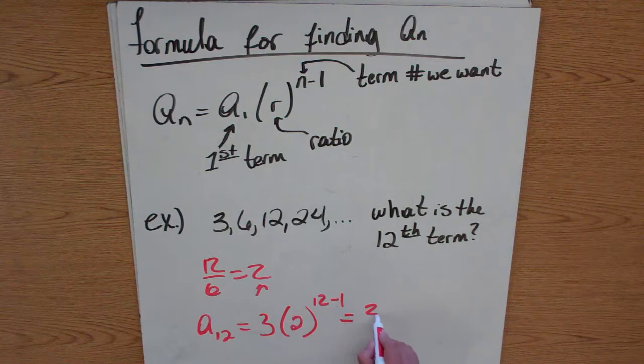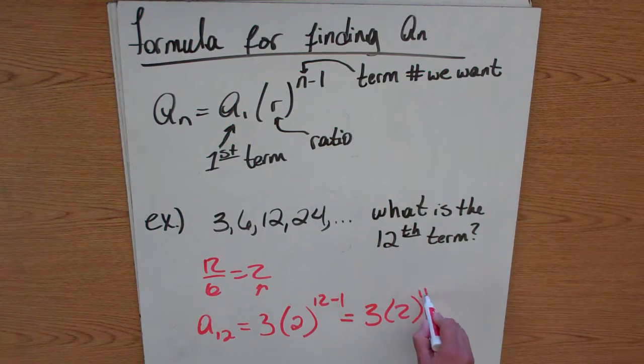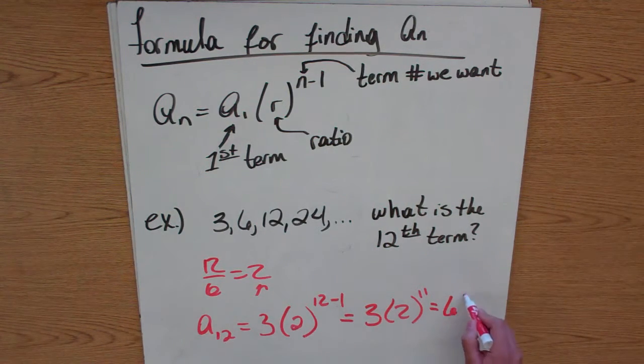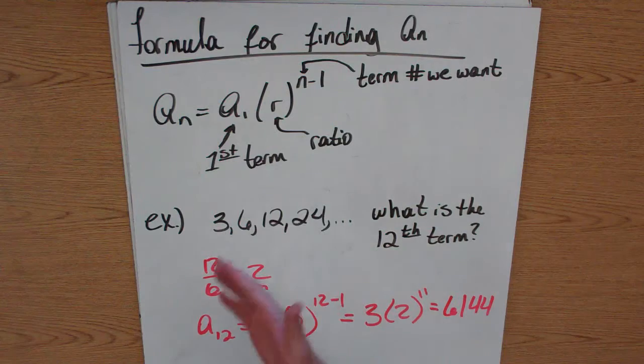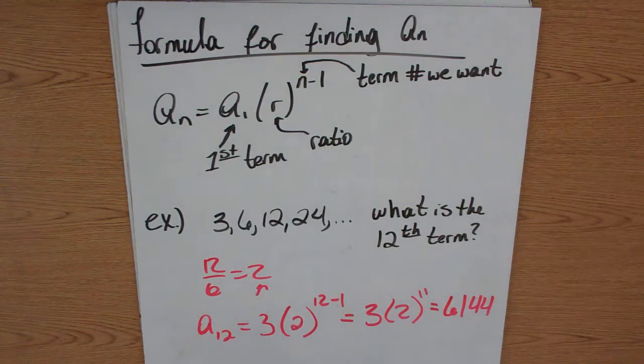So this is 3 times 2 to the 11th. Punch this in your calculator. Our 12th term should be 6,144. As you can see, the formulas are a little different than arithmetic sequences and series, but it's along the same lines.